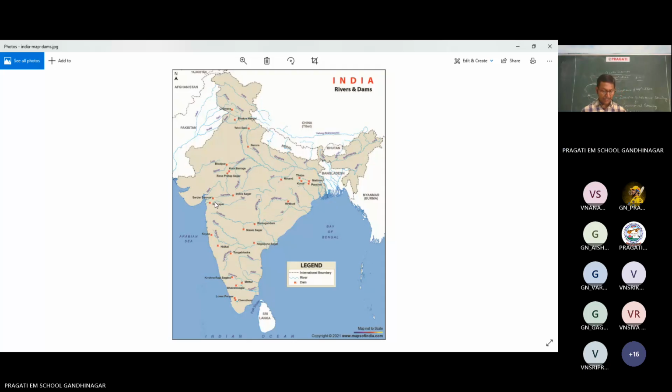Next, the next lesson is coming to manufacturing industries. You can find 1 mark, 2 mark, and 1 map pointing also. Here, manufacturing industries, chapter 6.